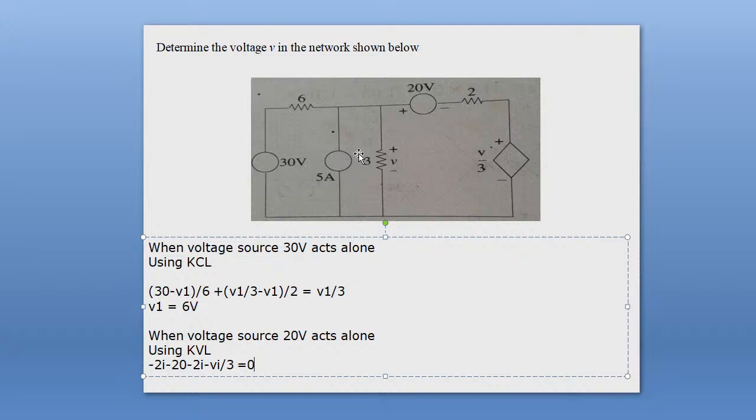So how much? 3 into 6 divided by 9. Everyone check the expression, there is a mistake. You write minus 2I, minus 20, minus 2I. This will also be minus 2I, minus 2I.